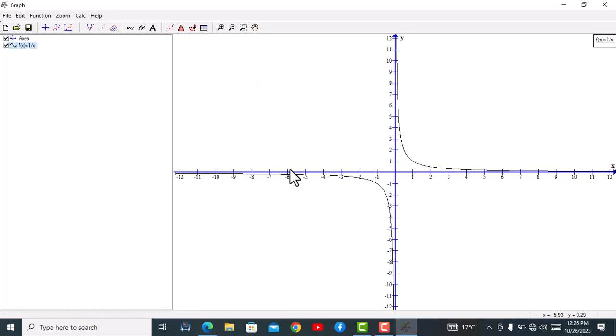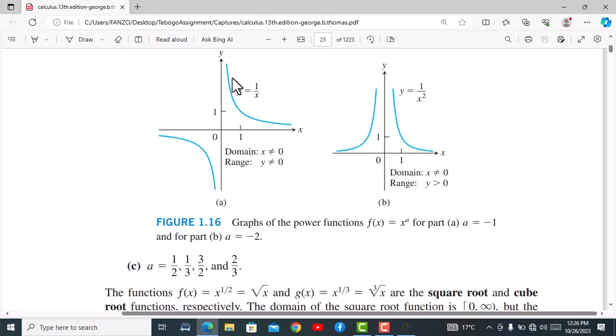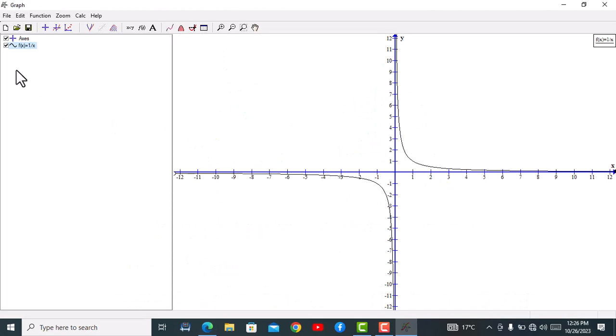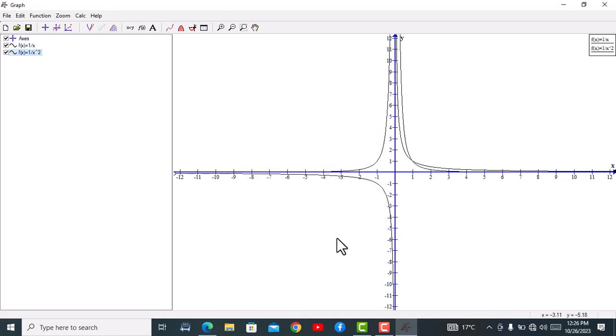And here we have this function. We know what this is. This is a hyperbola. If the value of a is positive, it will be in the first quadrant and the third quadrant. Let me draw the second one. So we have 1/x², and we have it like that.